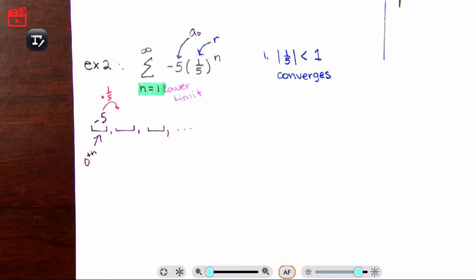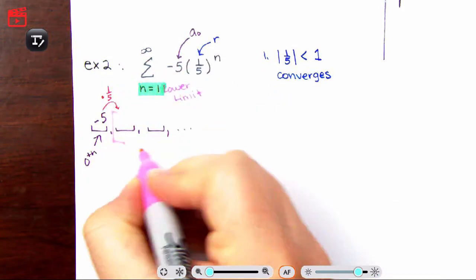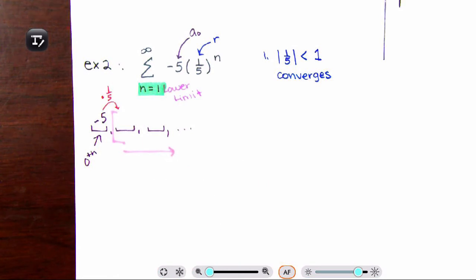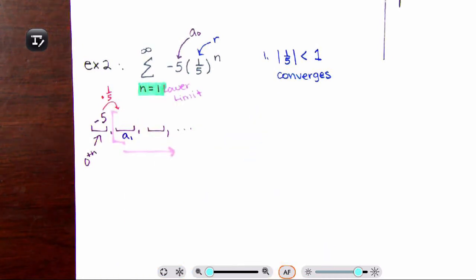It is not in our summation. The lower limit basically cuts you off here. The lower limit is at a sub 1, or the number in the first position. We need to find out what that number is in order to use our formula.